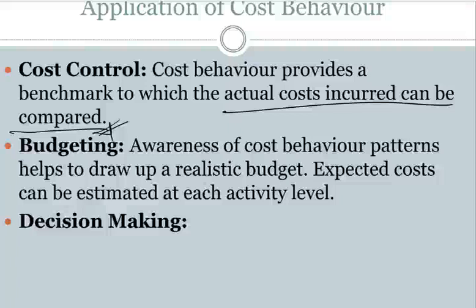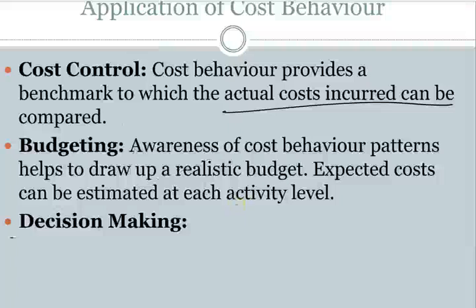Fixed costs do not change. So we are able to come up with a good budget. Because if we know a variable cost per unit and we know a fixed cost, we can come up with any level of activity. As I told you, estimation. If we produced 14,000, how much cost could we incur, right? We actually found a total cost. So because of knowledge of cost behavior, we are able to apply it in budgeting.